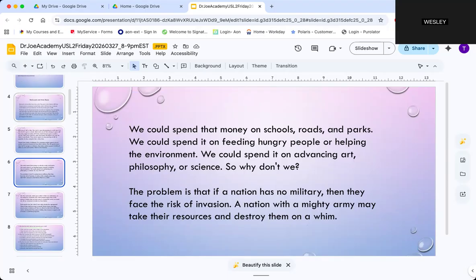Read it out loud. We could spend that money on schools, roads, and parks. We could spend it on feeding hungry people or helping the environment. We could spend it on advancing art, philosophy, or science. So why don't we?